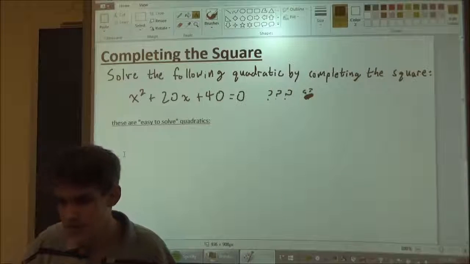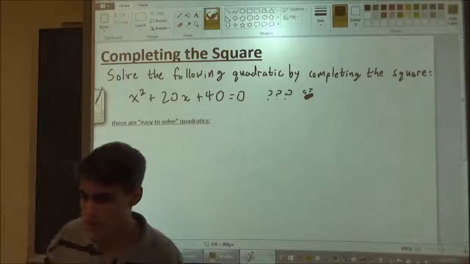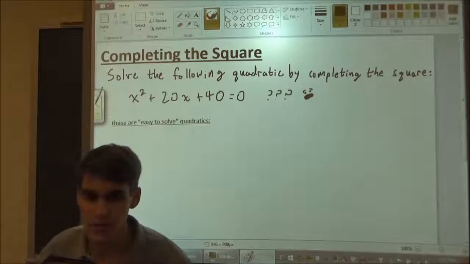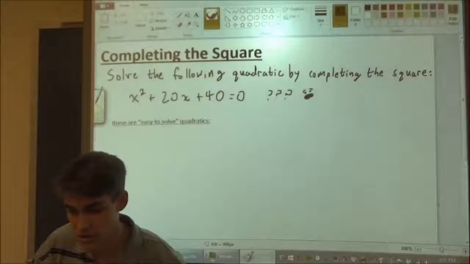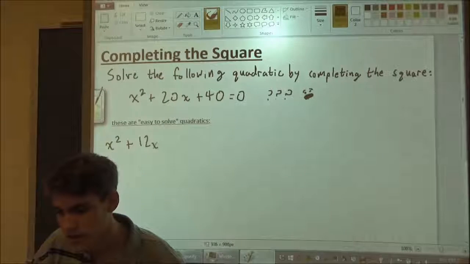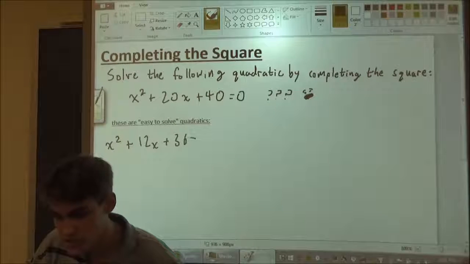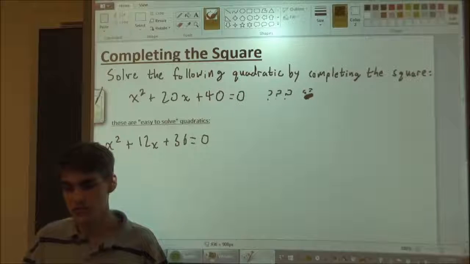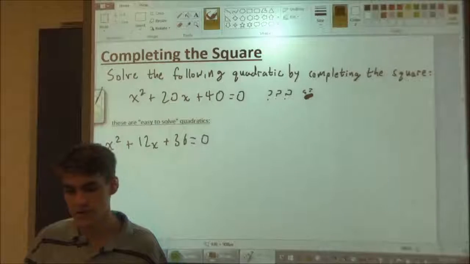So the type of thing I'm talking about is way back when you first learned how to factor and solve quadratics, you would get things like this, where it's like x squared plus 12x plus 36 is equal to 0. First thing you learned is, okay, 36 times 1 is 36.